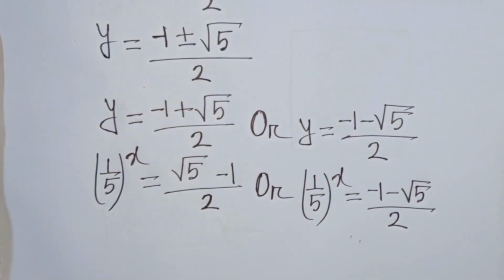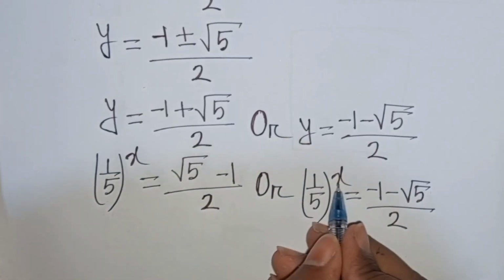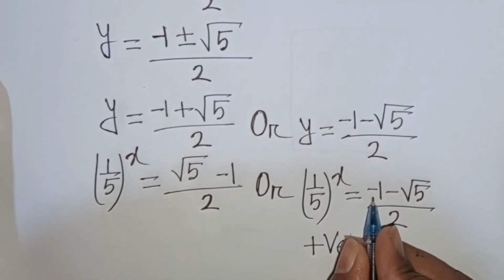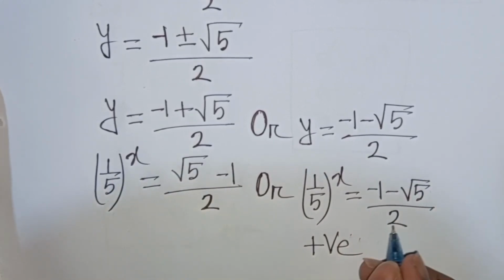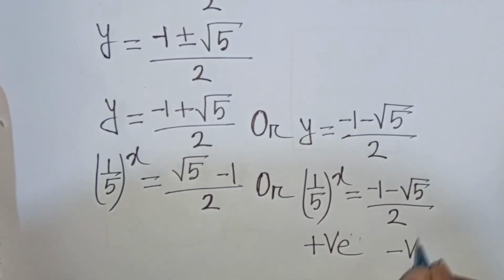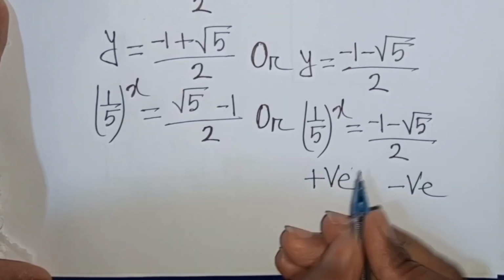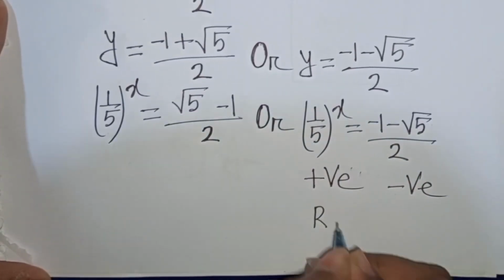Now we see 1 by 5 bracket power any number is always positive, but minus 1 minus a square root of 5 divided by 2 must be negative. So positive cannot be equal to negative, so this is rejected.